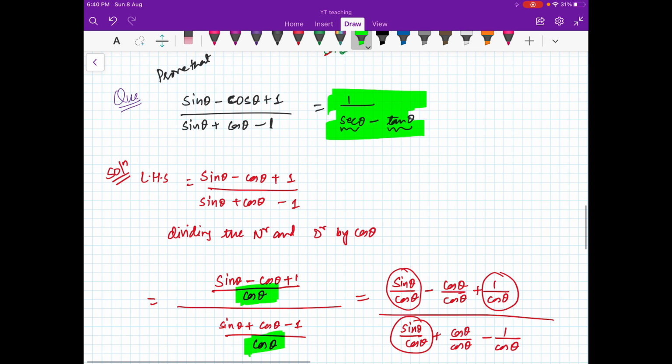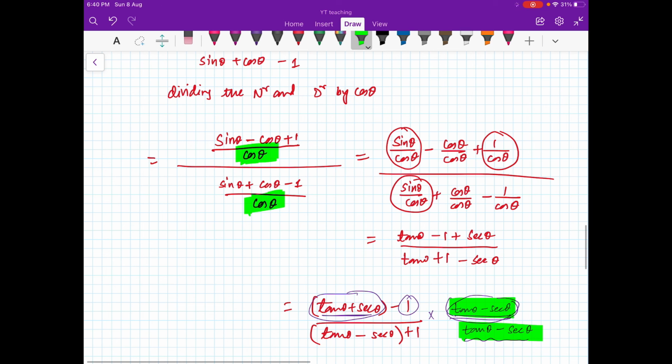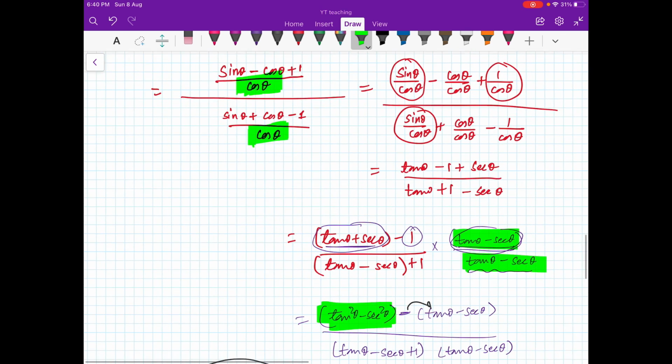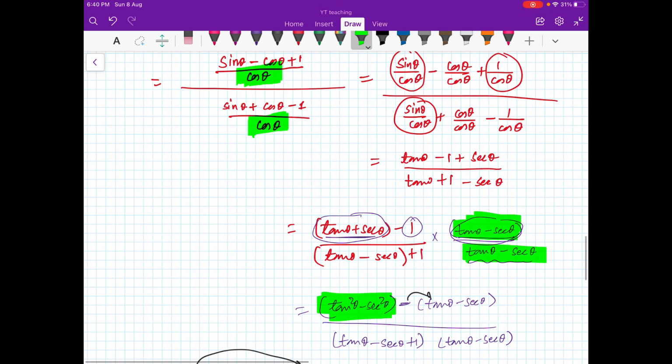On the right hand side I have tan theta and secant theta, so that is why I divided with cos theta. And then the next question is why I am multiplying with tan theta minus secant theta and dividing with the same expression. The reason is because I want to bring something like this so that I can use my identities, right? So these things you will learn by practice. So you have to practice lots of such questions, right?